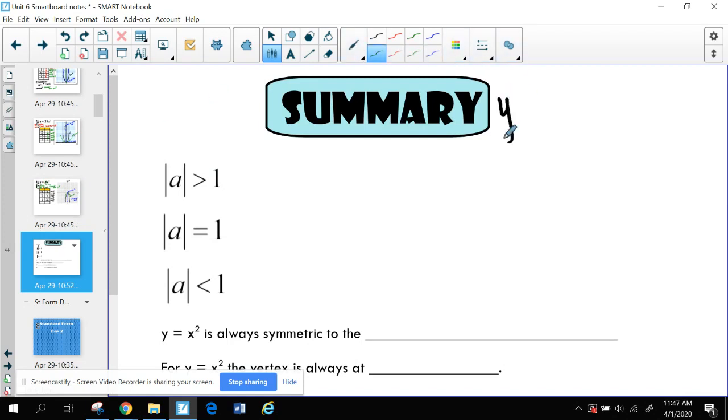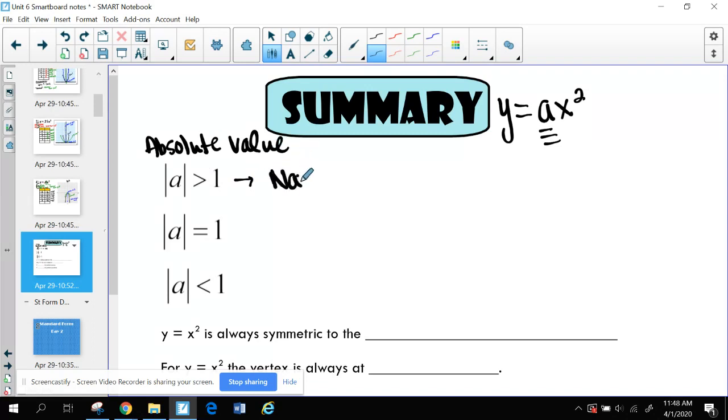So in general, today we were just looking at equations in this form, y equals ax squared. And we're saying that if we take the absolute value, those are our absolute value symbols, of a, and you get a number bigger than 1, that means that the graph is going to be narrower than y equals x squared.